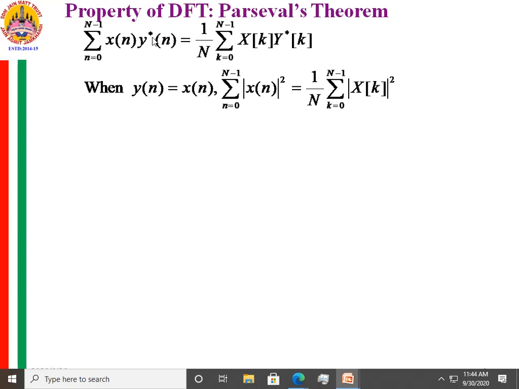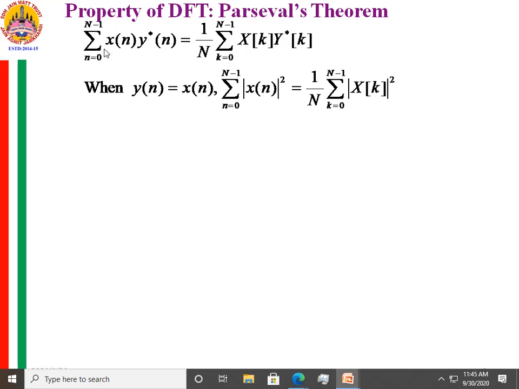Now conjugate of y(n) is the conjugate sequence of y(n), where y(n) is considered a complex sequence. So when y(n) is x(n) itself, and x(n) is a complex sequence, this equation becomes x(n) into conjugate of x(n), and on the right side you will get X(k) into conjugate of X(k).